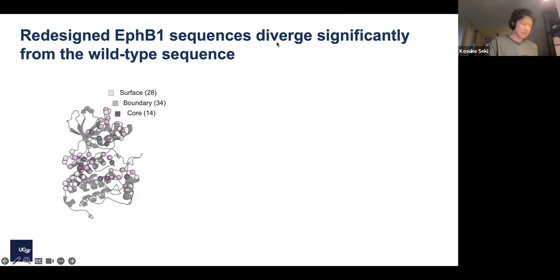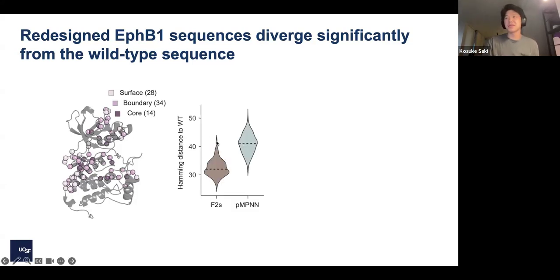Okay. So when we redesigned a lot of these enzymes, here you see what that sequence landscape looks like. We find mutations throughout this redesigned region, at about 76 different positions in this region that we redesigned.